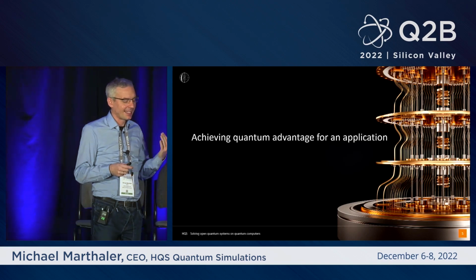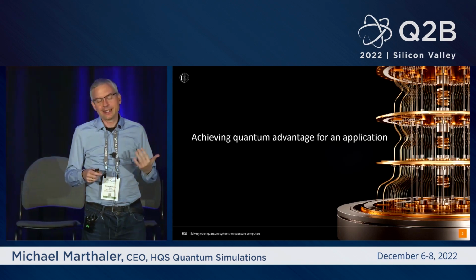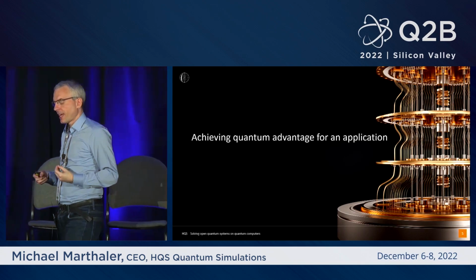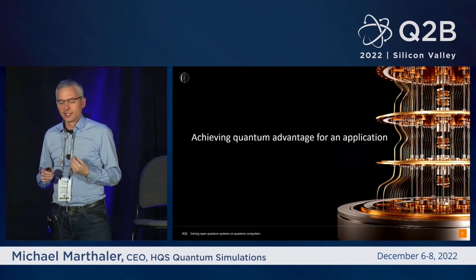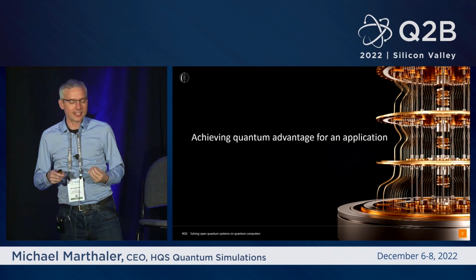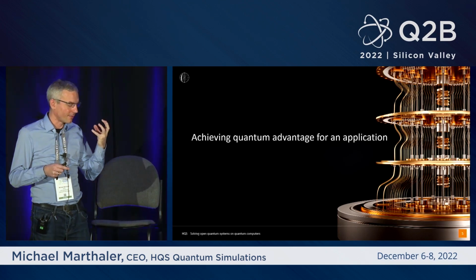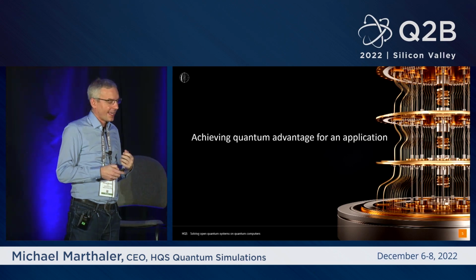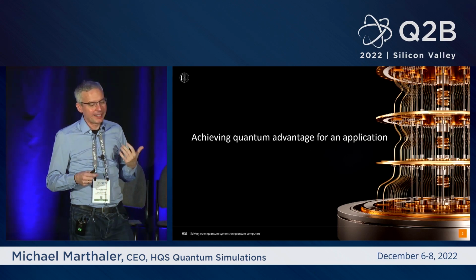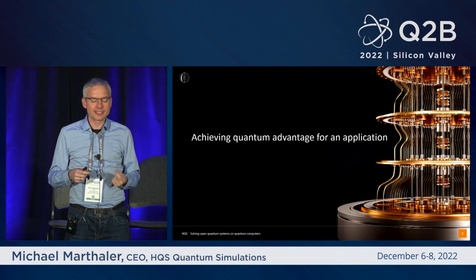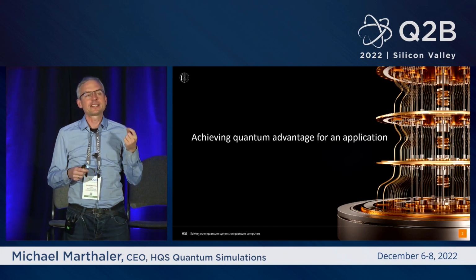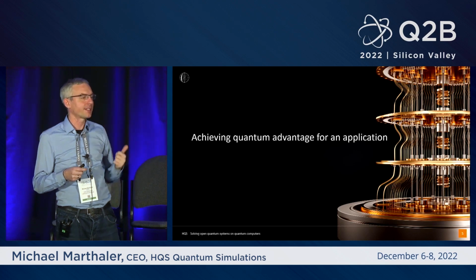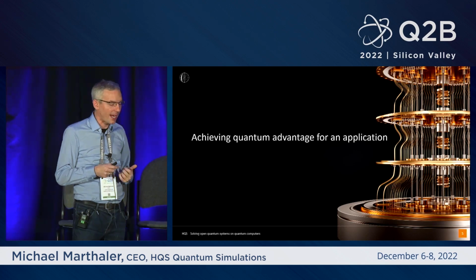But it's very clear that we need more cases where we achieve quantum advantage that are closer to an application. And I and many others believe that the topic where we will do this is where we solve intrinsically quantum mechanical problems. For example, calculate a spectrum for NMR.